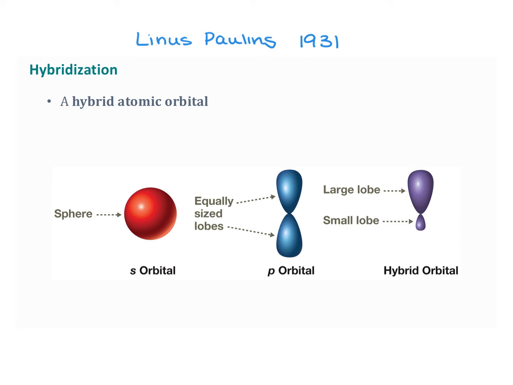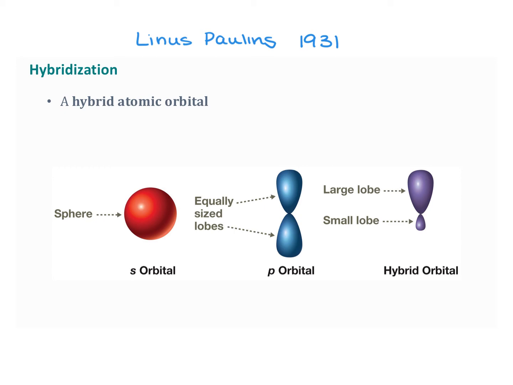Remember, experiments can come along and disprove it, but right now, everything that we have experimentally supports this hypothesis, which of course has now become a theory, the theory of hybridization. So Linus Pauling proposed hybrid atomic orbitals.